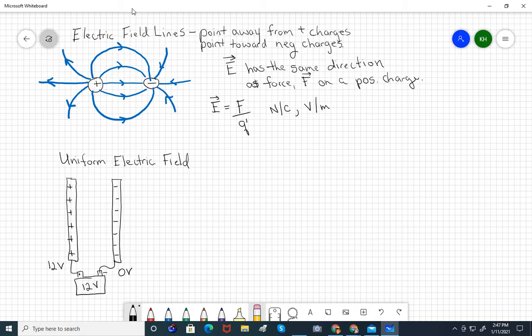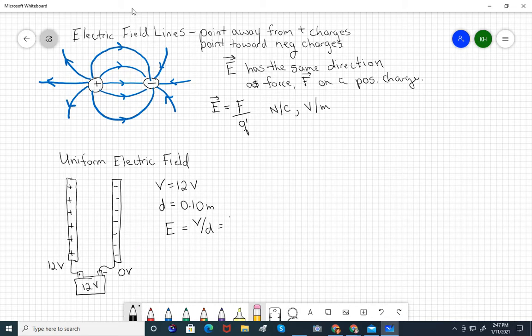Let's suppose we have 12 volts. If the separation between the two plates is 10 centimeters, or 0.10 meters, I can determine the electric field by using the fact that the electric field for parallel plates is the voltage divided by the distance.